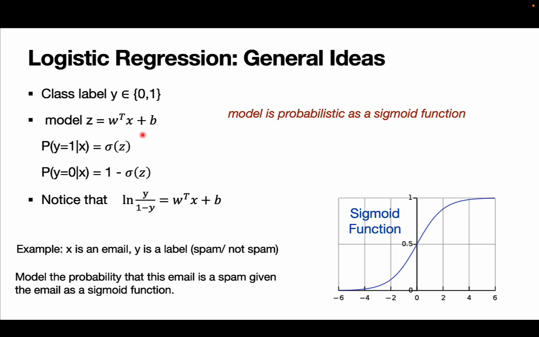Logistic regression assumes that we choose the parameters w and b in a way that if y equals 1 and the email is spam, we want z to be very large, so the probability is close to 1. But if y equals 0, then p of y equals 0 given x is 1 minus sigma of z.